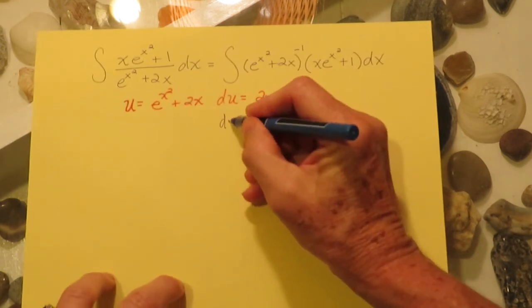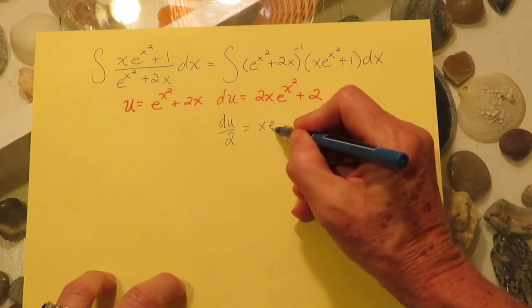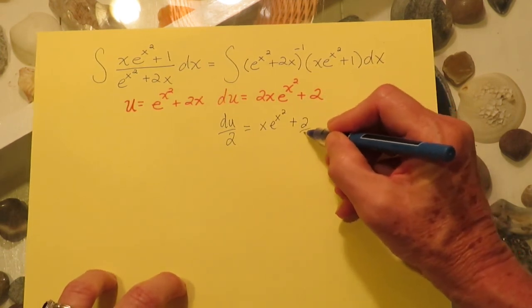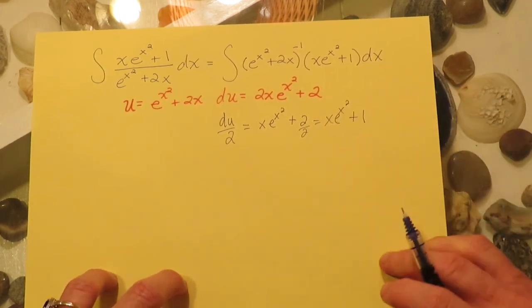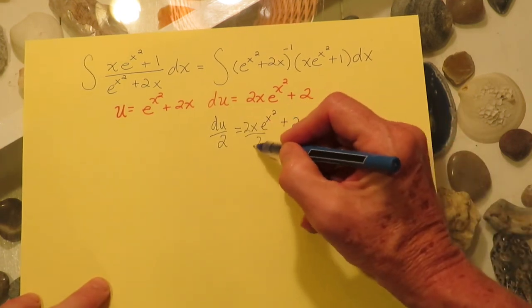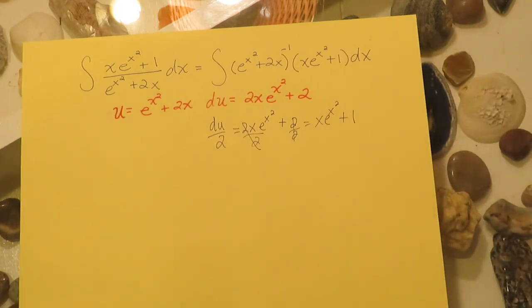So if I divide du by 2, I will get x e to the x squared plus 2 divided by 2, so x e to the x squared plus 1. Okay, so anyway, we had a 2 here and we divided by 2, and then that 2 also got divided by 2.